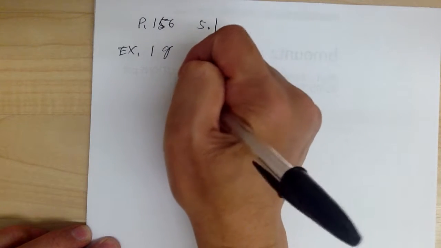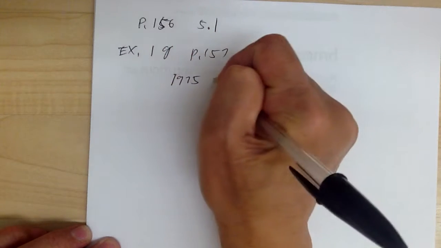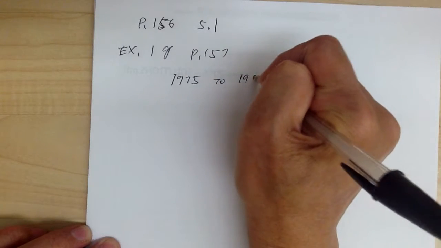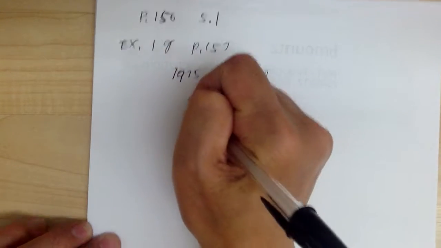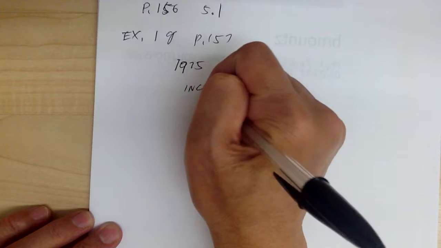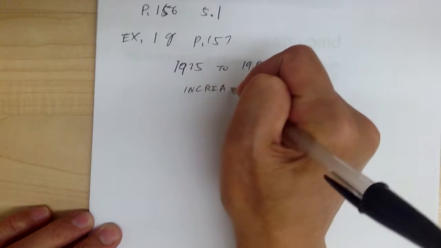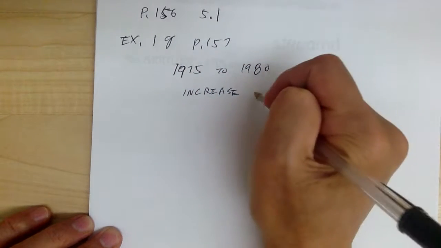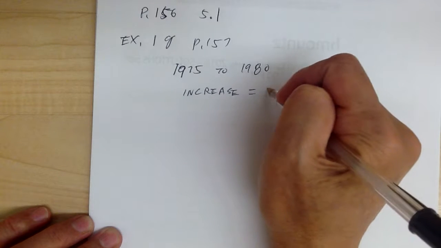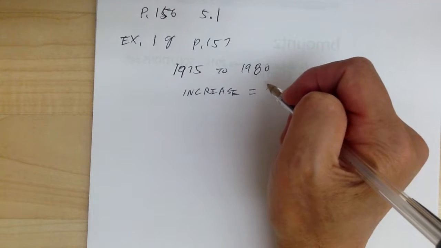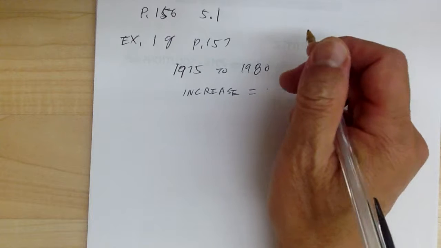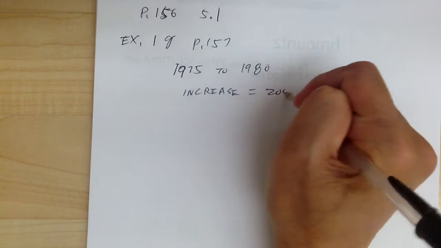From 1975 to 1980, the increase is equal to, so again, look at the graph, the increase is equal to 2,000, okay?